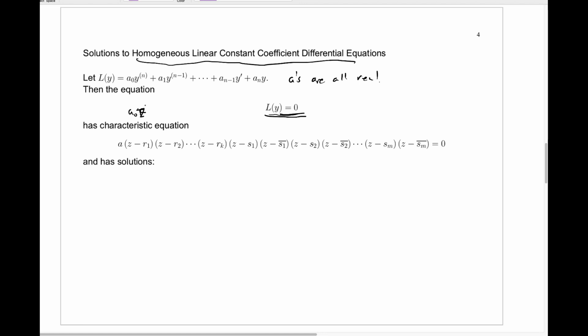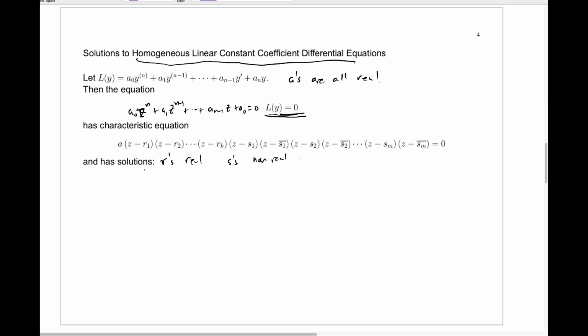The characteristic equation will be a naught z to the n plus a1 z to the n minus 1 up to a n minus 1 z plus a n equals 0. So here I'm writing the characteristic equation, again using z instead of r. It doesn't matter, it just looks nicer here. It's an nth degree polynomial equation. And we can factor this nth degree polynomial on the left in exactly the way we did before. And by the notation I'm using, I'm going to choose the r's to be real and the s's to be non-real complex numbers.